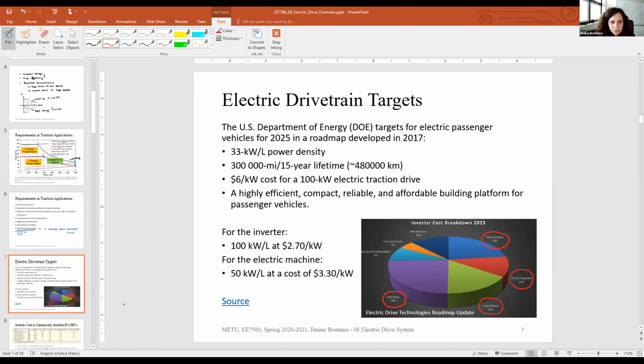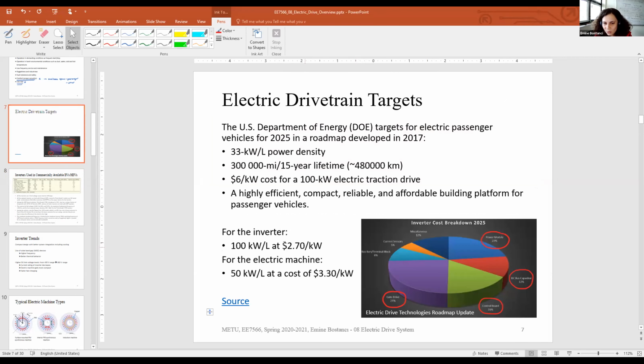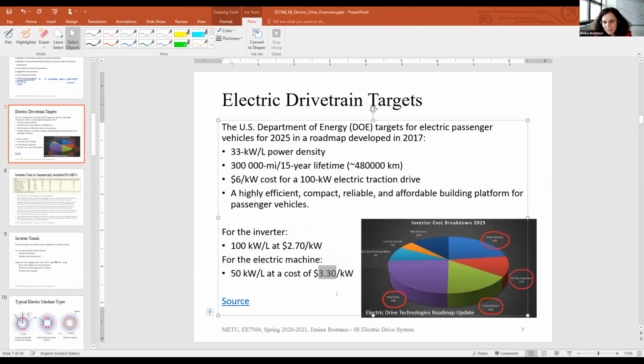Resume the recording. Okay, we have talked about these targets, and Aresh just mentioned that these targets are super tight. We are nowhere close to those values. It means that if you have a 100 kilowatt system, you want to pay $600 for it. For $600, you can buy a laptop, but you should be able to buy a 100 kilowatt electric traction drive system, I suppose.